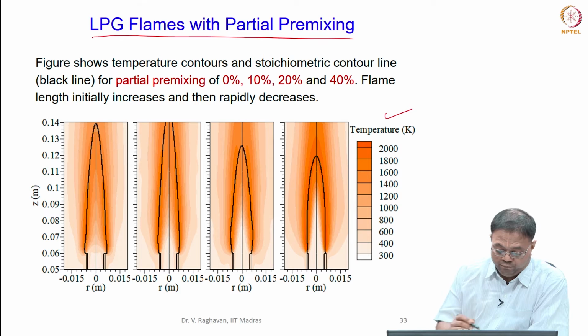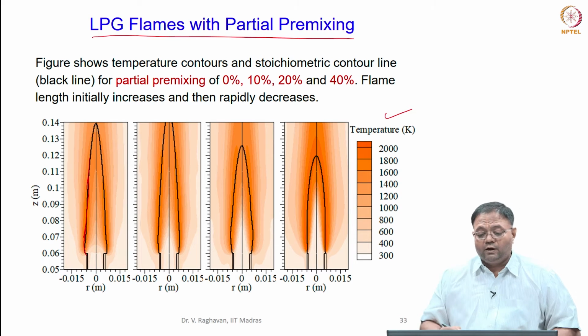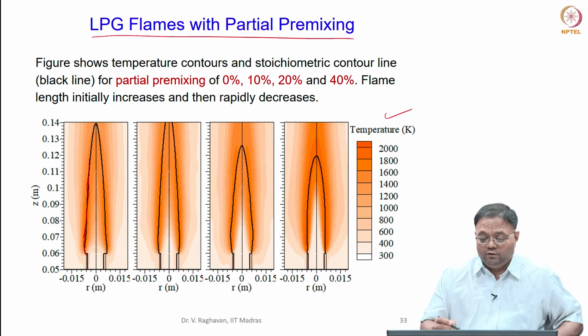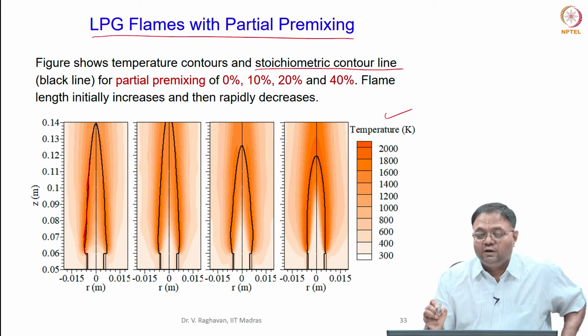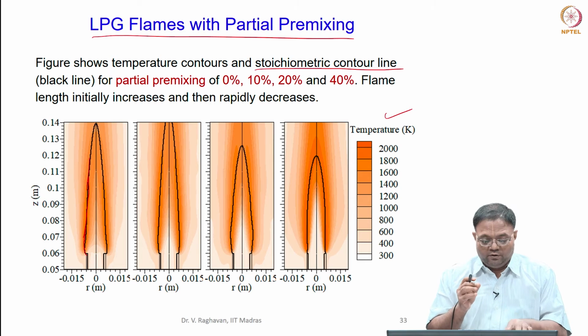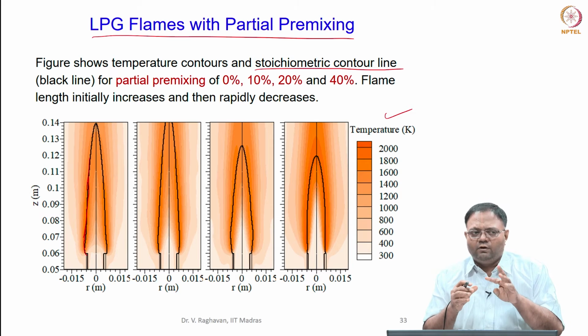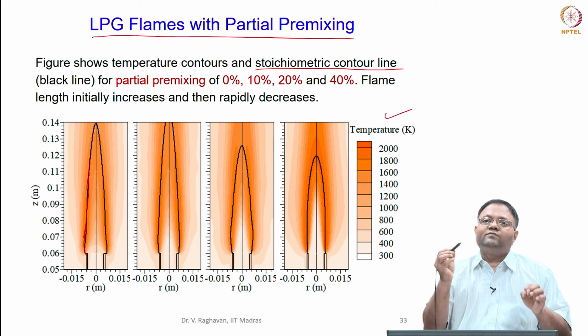Other than the temperature contours, the dark line represents the stoichiometric contour line, that is, the fuel plus the stoichiometric amount of oxygen. You know the fuel mass fraction and the mass fraction of the oxidizer.